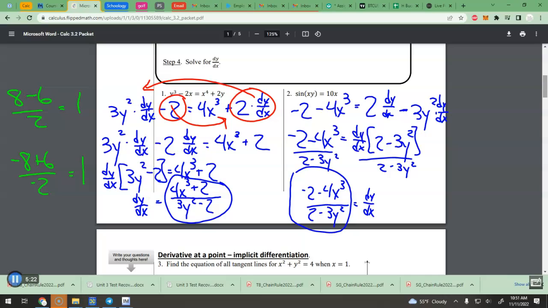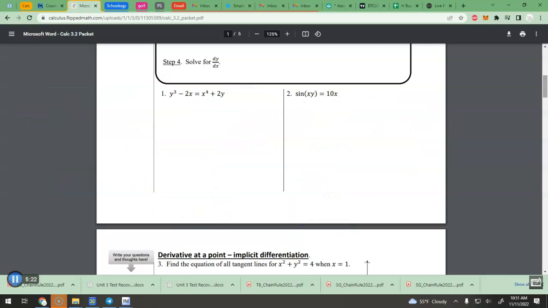So questions on anything I'm going through right now? Yeah. So here's the problem with y prime. 3y squared times y prime minus 2x equals x to the fourth plus 2y times y prime. Like, I think I'm good. I missed the prime.